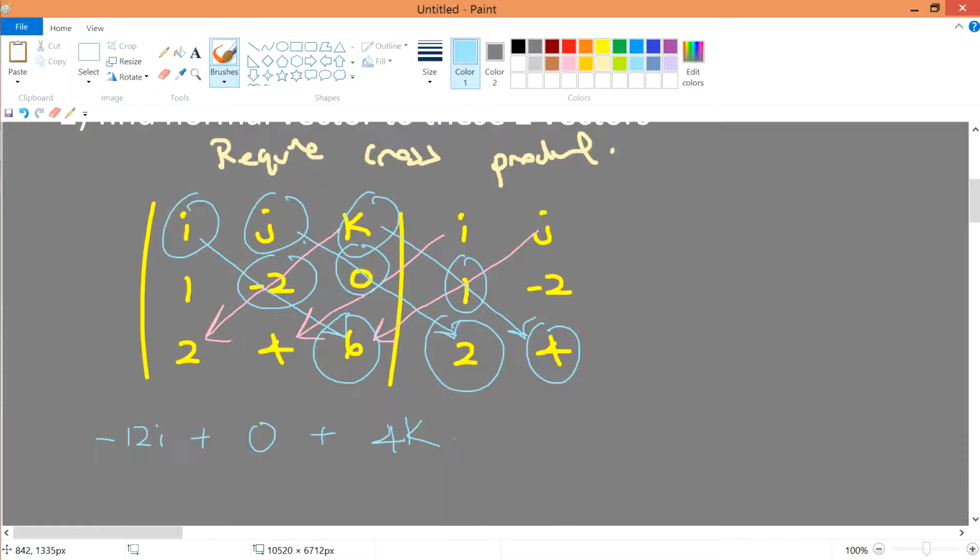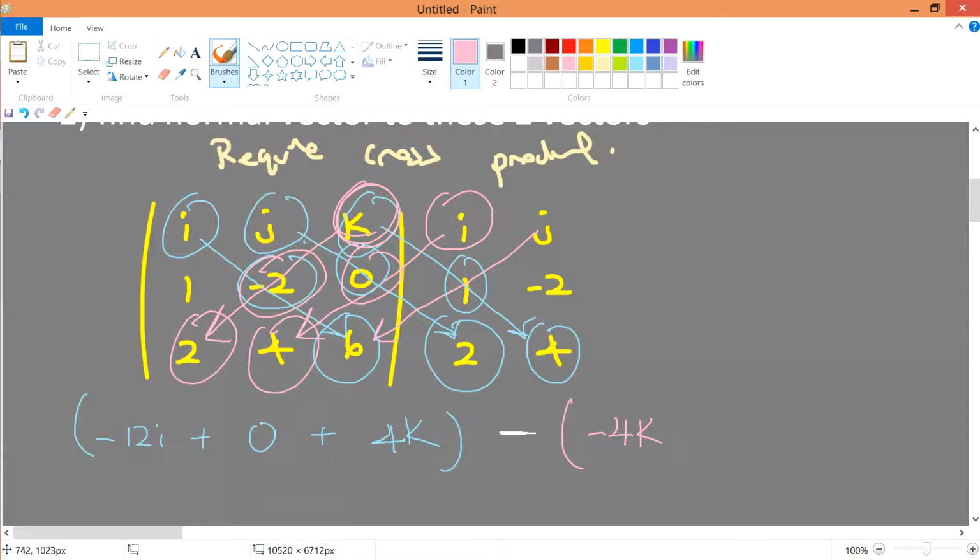That's the sum of the blue ones. Then I minus away the sum of the pink ones: k times minus 2 times 2, I would have minus 4k. Then i times 0 times 4, which is 0.